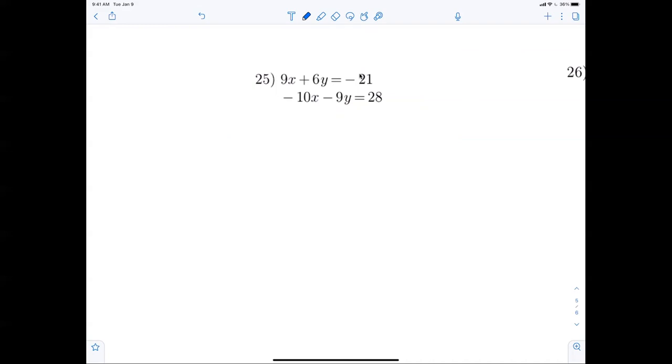25. And the bottom one by? Yes, good work. 10 and 9.